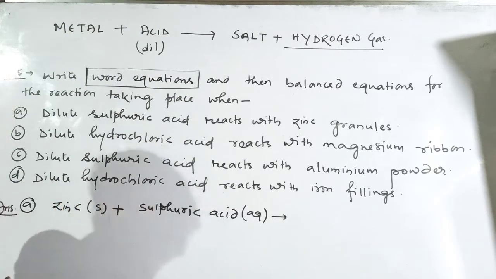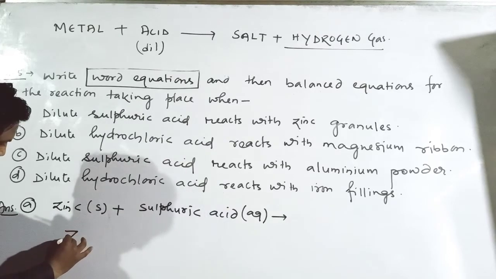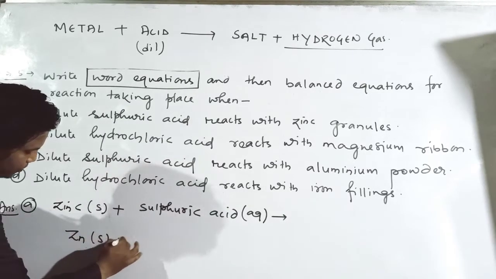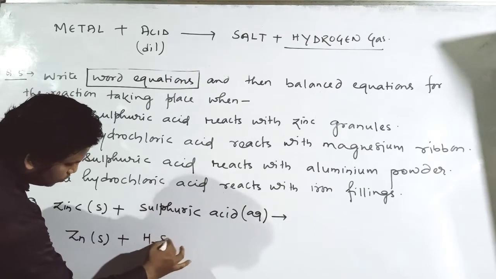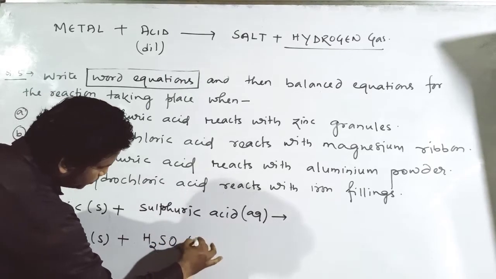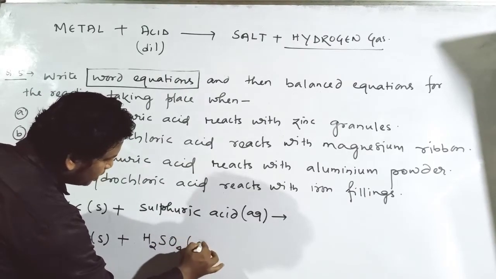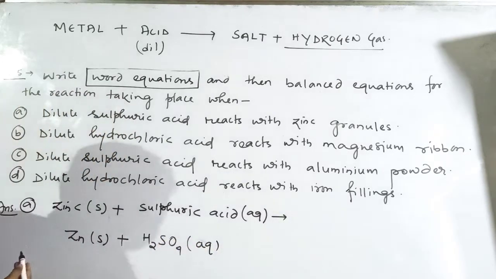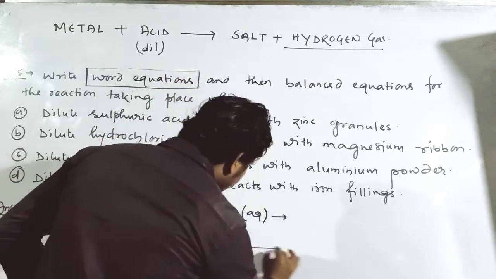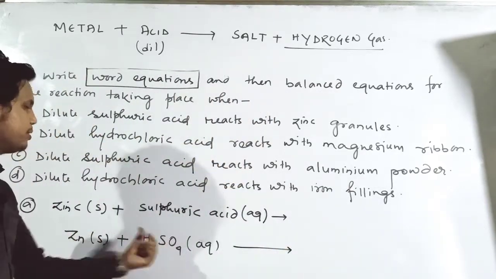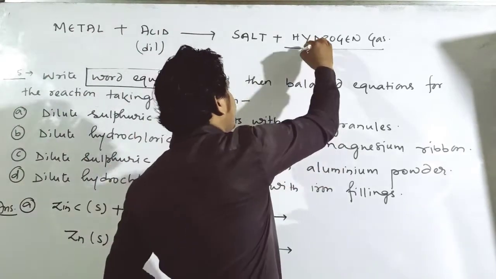So zinc, Zn, plus sulfuric acid, H2SO4, dilute. Dilute means you have to add water, that is, you can write aqueous. What will be the product? Metal plus dilute acid gives salt and hydrogen gas.